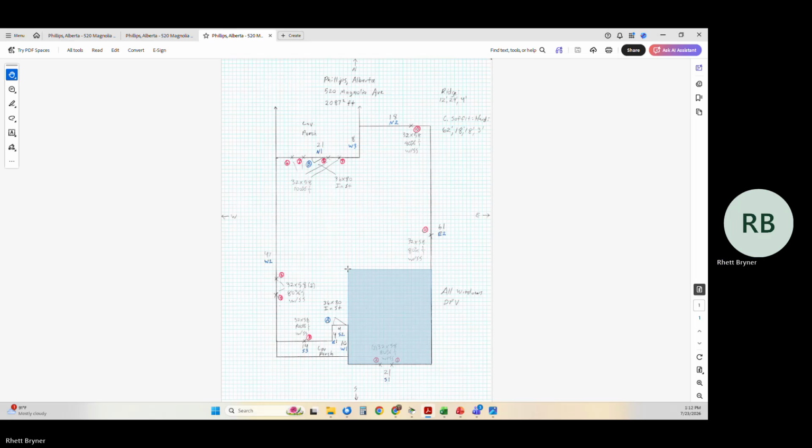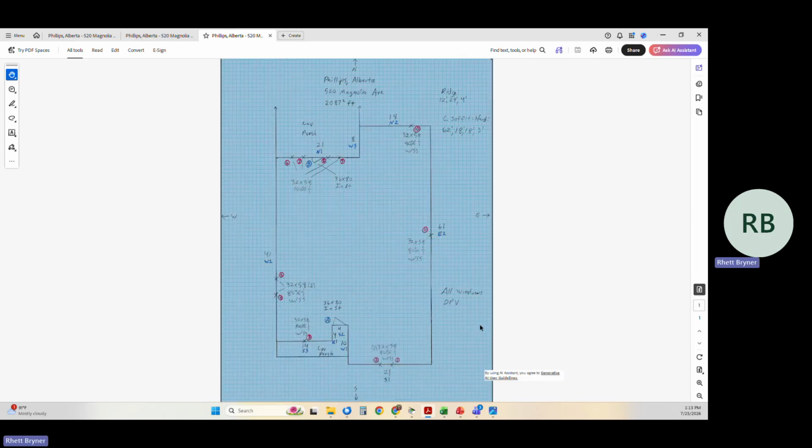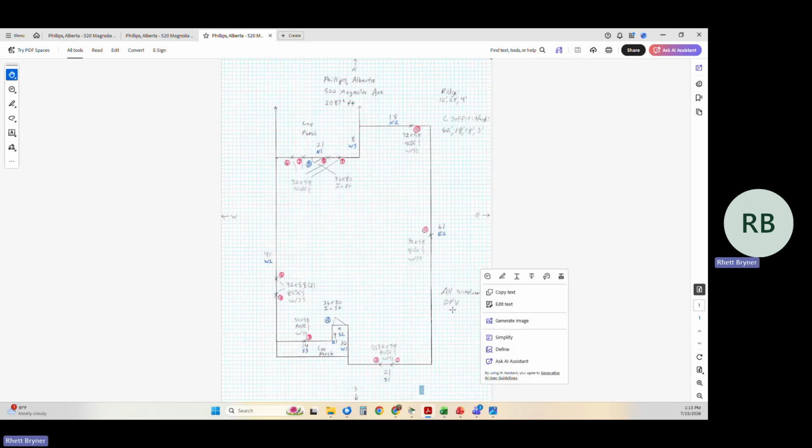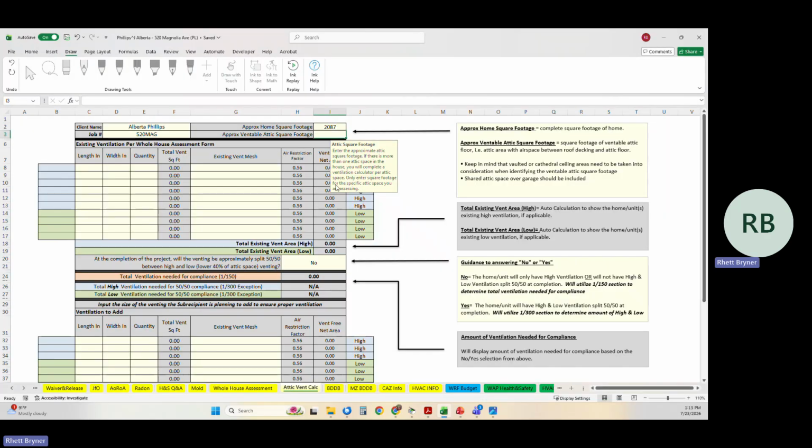So if there was a garage right here, the house would be roughly 400 square feet smaller for the square footage of the house. But for the ventable square footage, you would actually include that back in. So in this case, our ventable square footage is going to be the same as the house because there were no vaulted ceilings, no closed off spaces. So it's just going to be 2,087, same as the square footage.